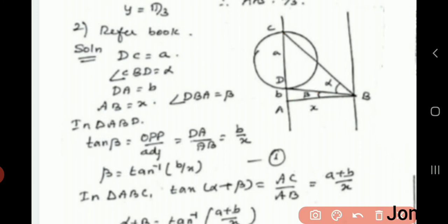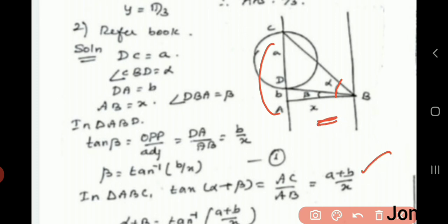Now I want to take the small triangle ABD. In that triangle, take tan beta equal to the opposite side by adjacent side, that means b by x. Opposite side is b and adjacent side is x, so b by x. So from this I can write beta equal to tan inverse of b by x now. Keep it as it is there, and then take the bigger triangle, that means triangle ABC.